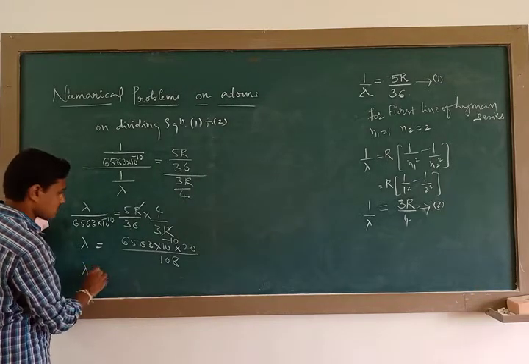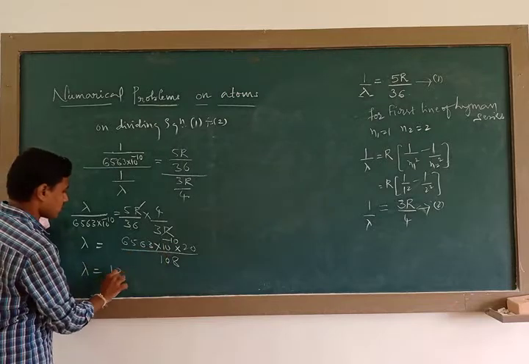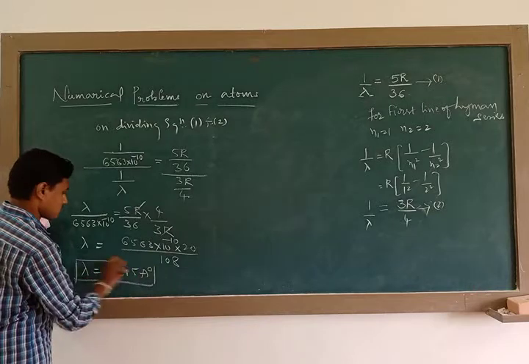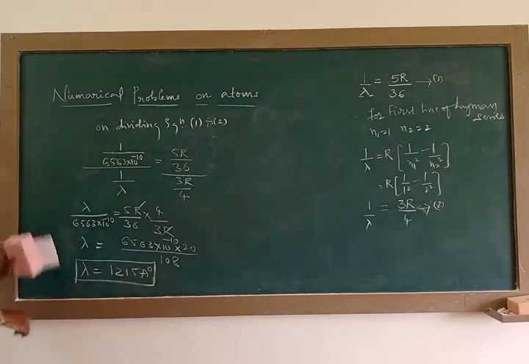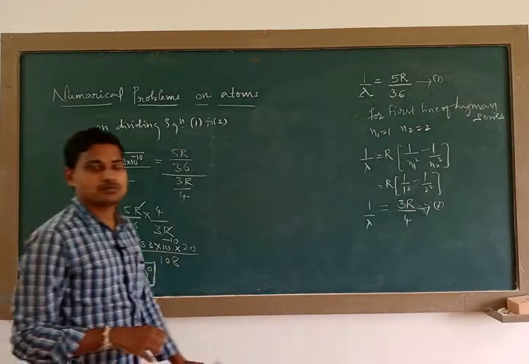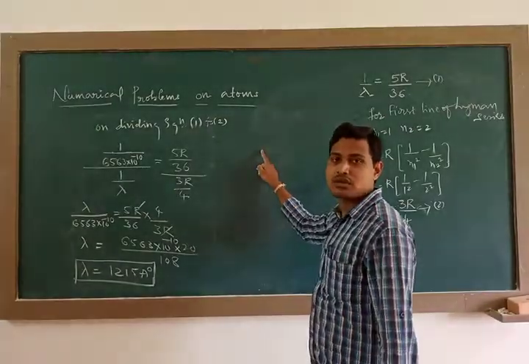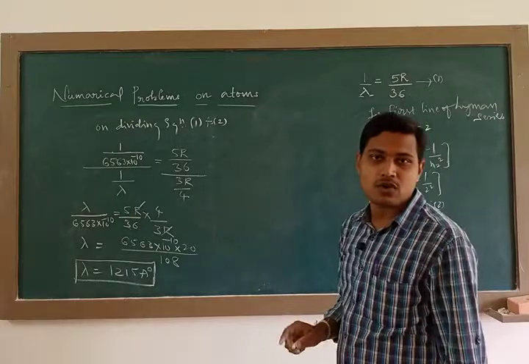If you simplify this, you are going to get 1215 angstrom. So here we found the first member of the Lyman series as 1215 angstrom.